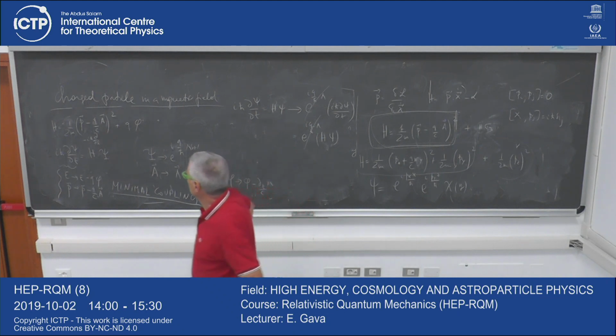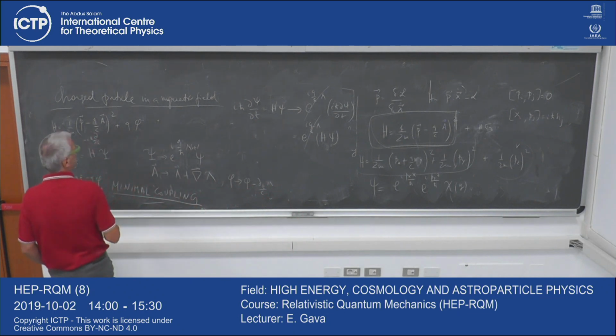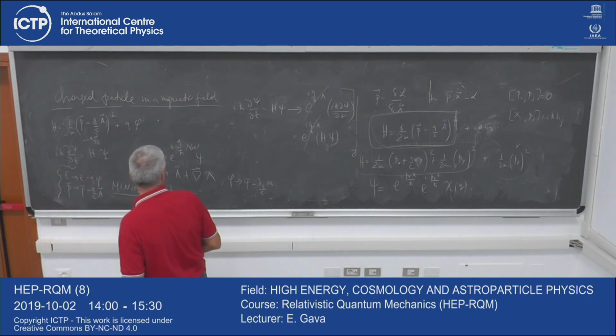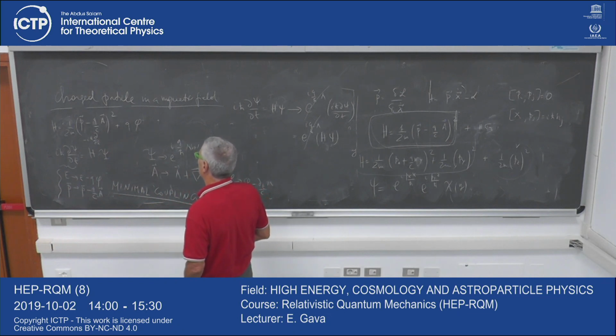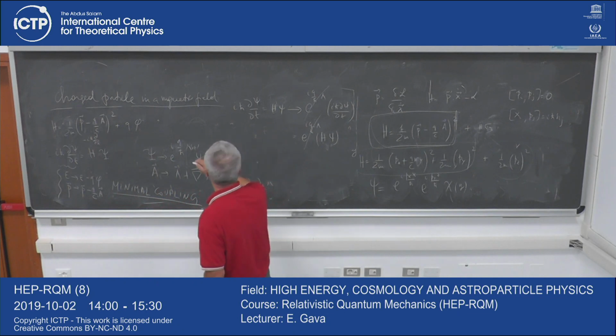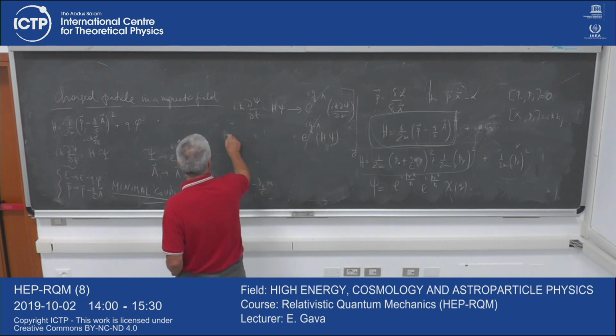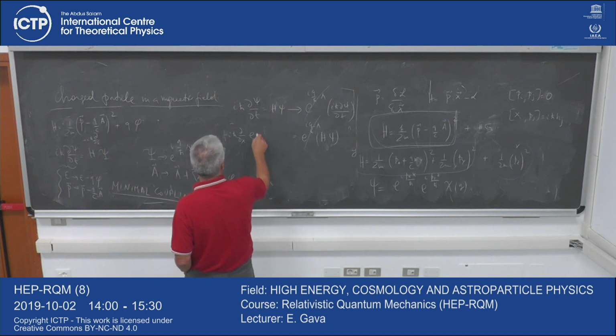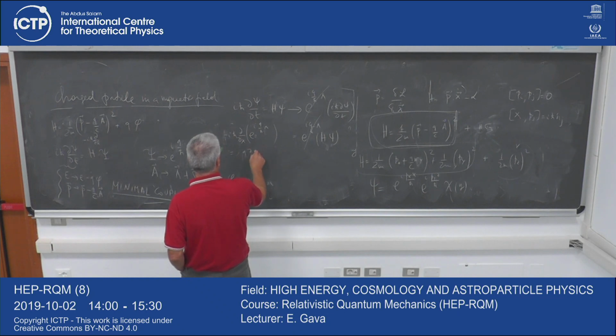Probably there is this C, I'm not sure about the C here. Because if I write it in this way, there should be some C also. Because P is minus i h bar d dx acting on e to the i q over h bar lambda. This will be minus i times i, and the h bar cancels. This is q d lambda.